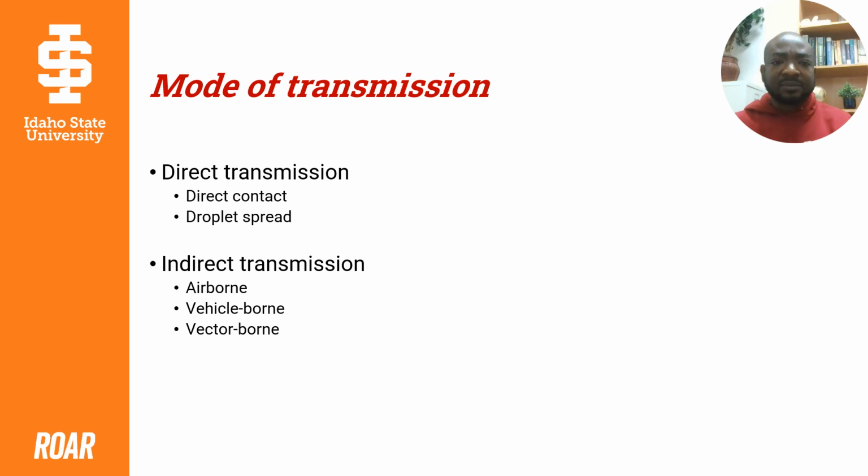Alternatively, the vehicle may provide an environment in which the agent grows and multiplies or produces toxins, as improperly canned foods provide an environment that supports production of botulinum toxin by Clostridium botulinum.